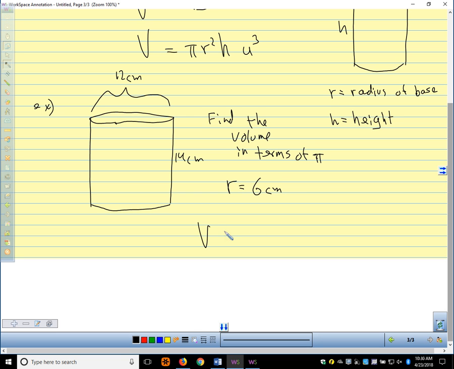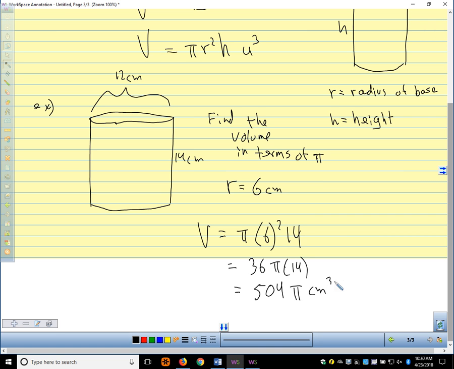So our volume is pi times 6 squared times 14, which is, 6 squared is 36, 36 pi times 14. And I'm going to multiply the 36 times the 14, and I get 504 pi cubic centimeters.